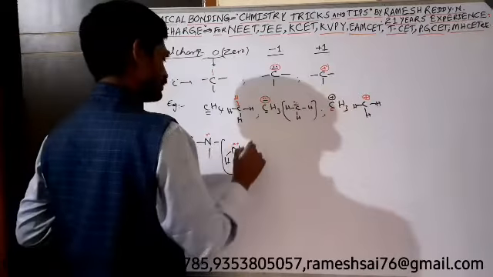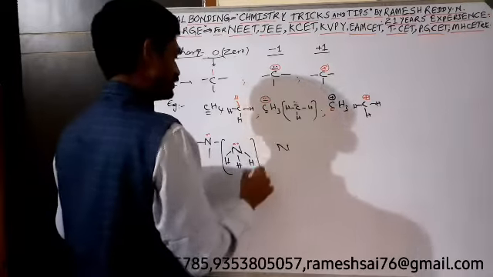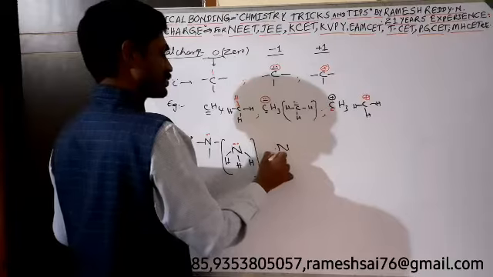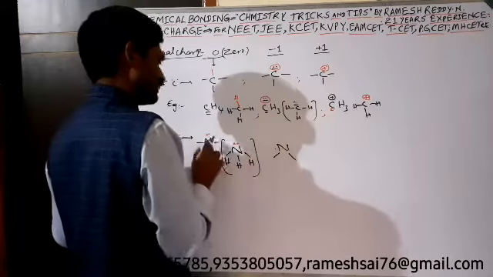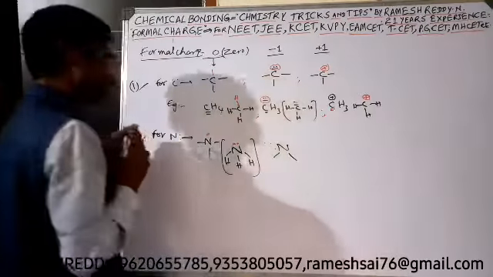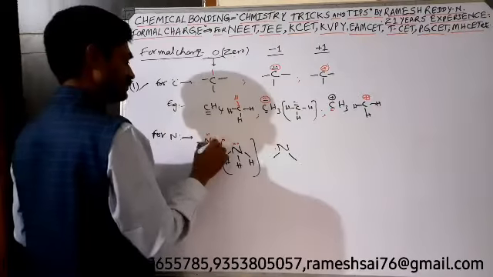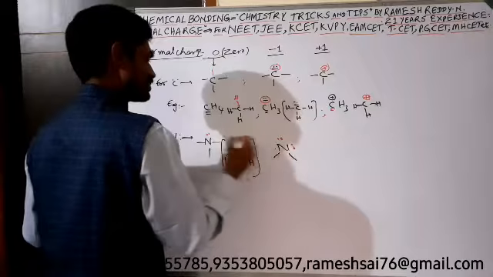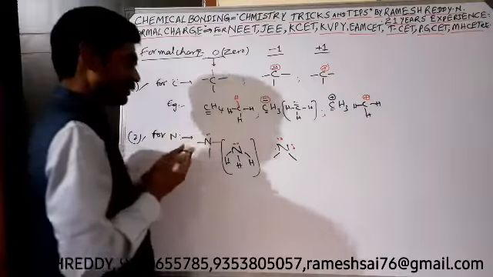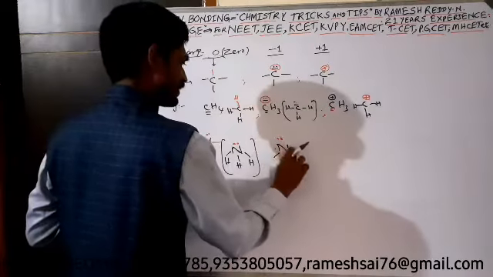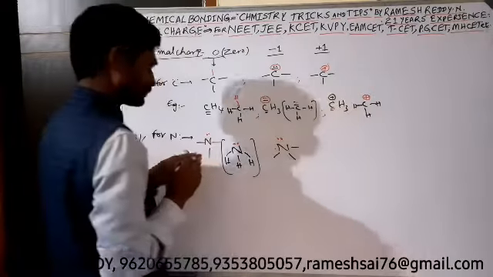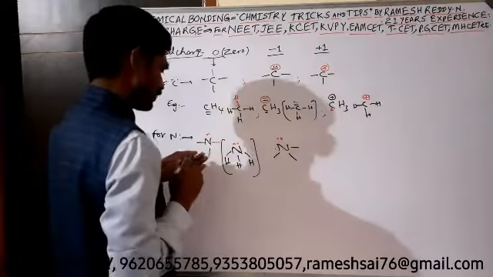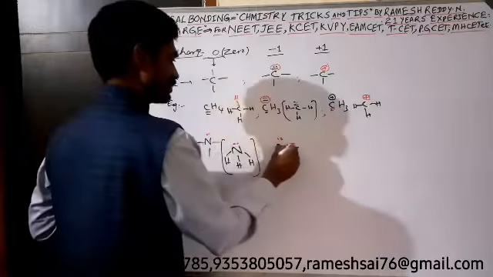If it has, for example here, 2 bonds, and then this bond pair, it is present as a lone pair, and this is a normal lone pair, right? Now this one is responsible for the negative charge.